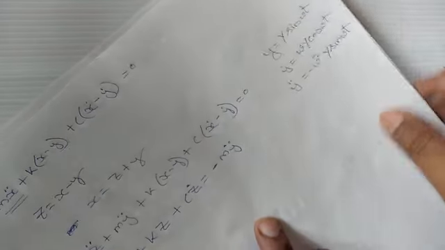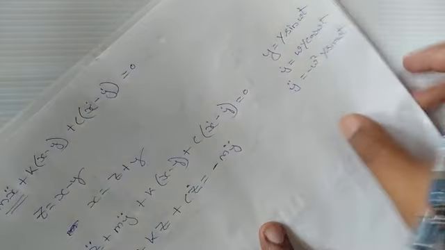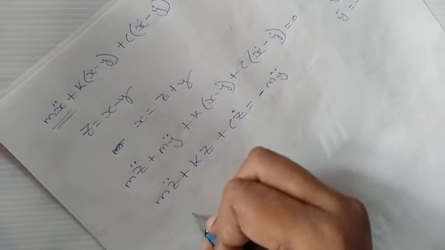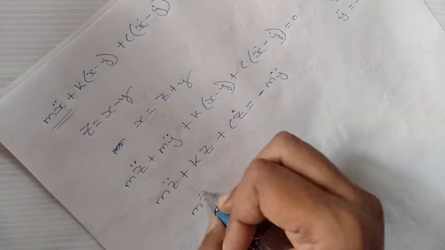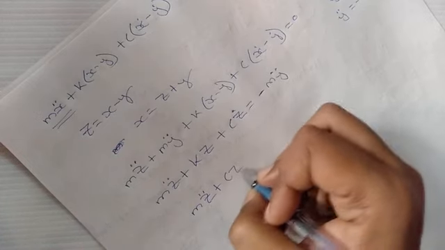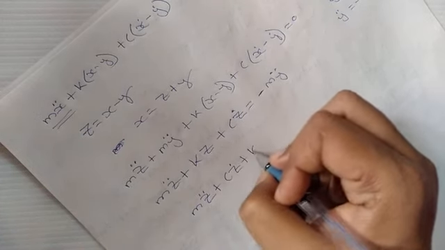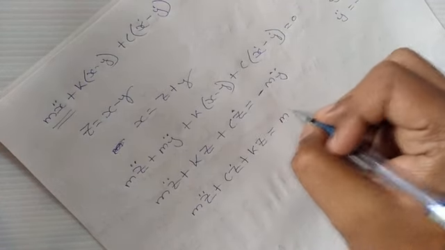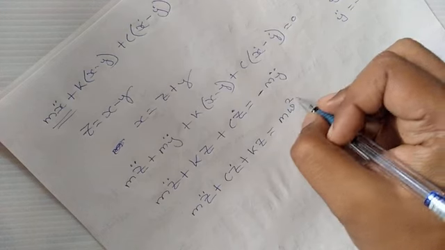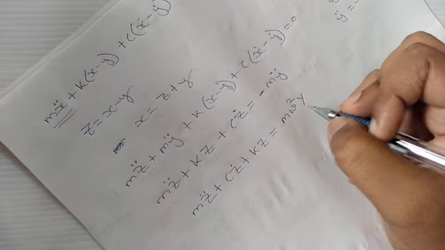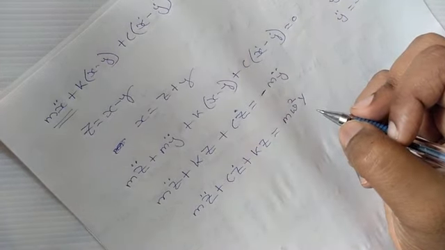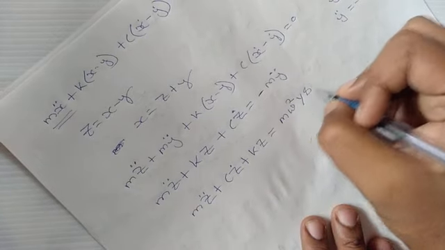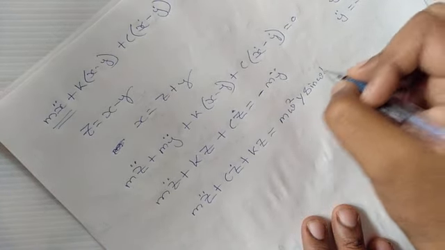So if we put this y double dot over here, you get m z double dot plus c z dot plus k z is equal to m omega square y sine omega t.